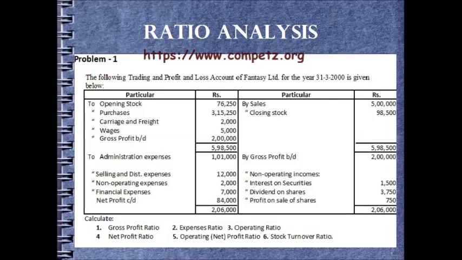This classification deals with the relationship between two items or two groups of items of the income statement or profit and loss account, such as gross profit ratio, net profit ratio, expenses ratio, operating ratio, etc.